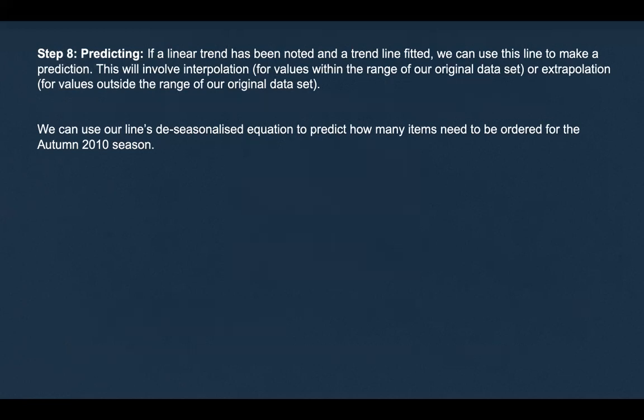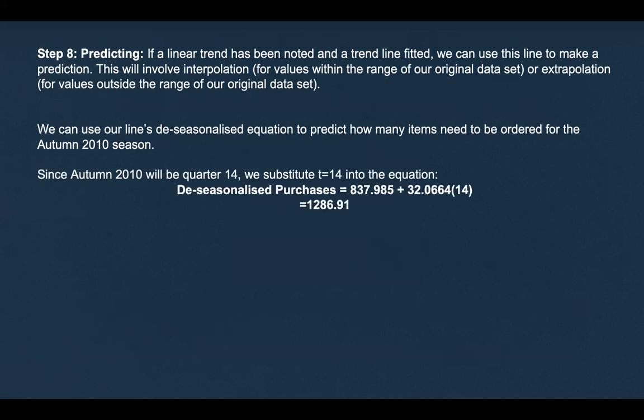For example, we can use this to predict how many items might need to be ordered for the autumn 2010 season. That's outside our original data set, so this is an extrapolation. Since autumn 2010 will be quarter 14, we substitute t equals 14 into the equation.